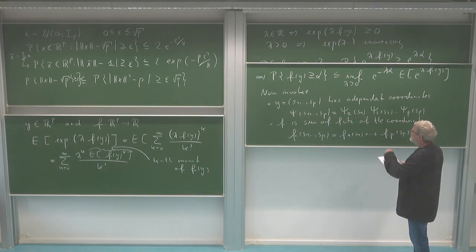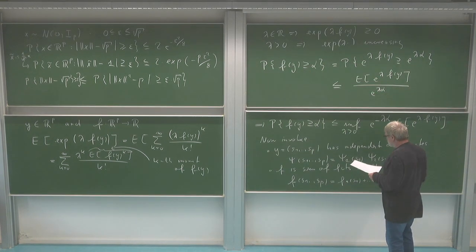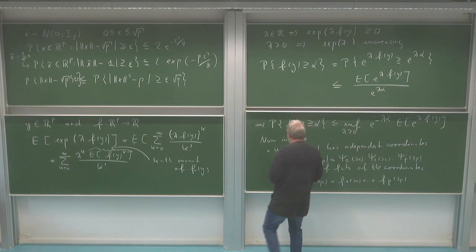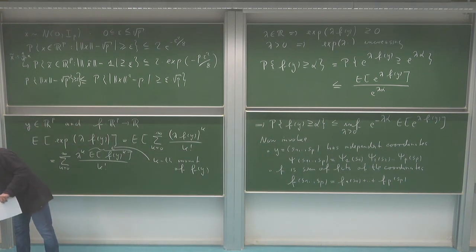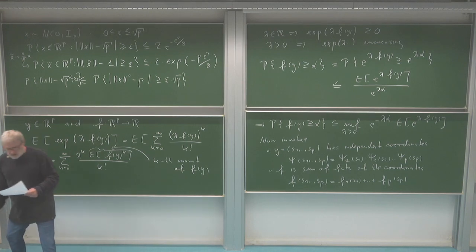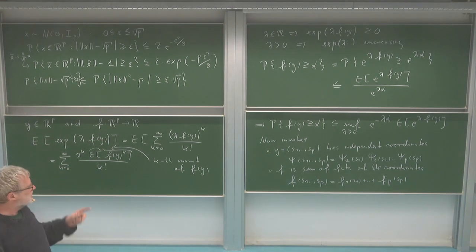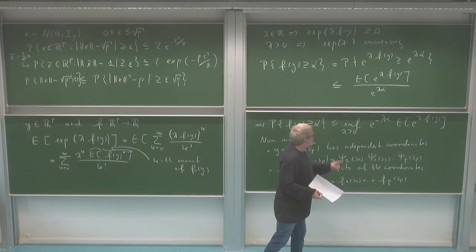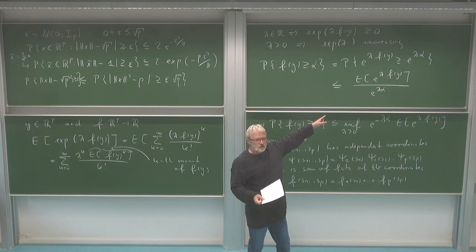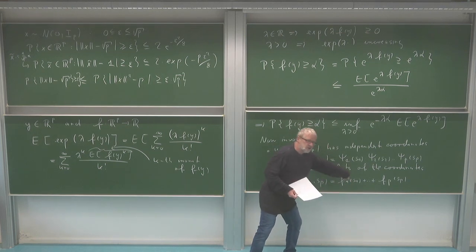Still, we can continue the discussion above in this generality, because now we can say more. If f of y is a sum, then this exponential function splits into a product, and we can go back to information about each of the coordinates.